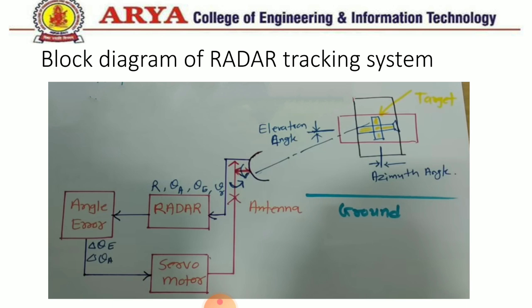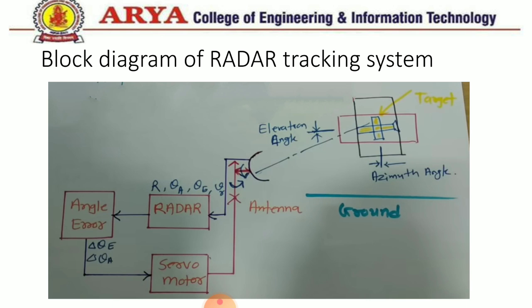We can calculate range based on signal travel from radar to object, and the echo signal justifies how far the object is. Based on frequency drift, as per the Doppler effect, we can calculate the relative velocity of the object, and azimuth and elevation angle correction justify exact tracking of the target.